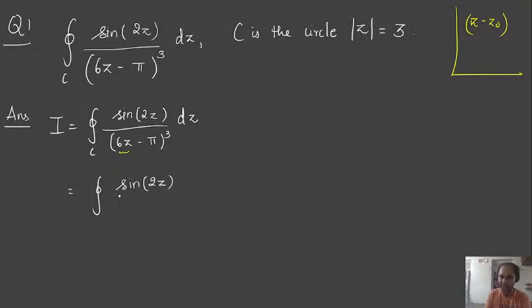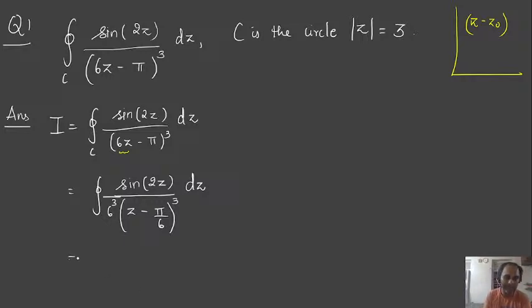There is no change there. In the denominator, when I take 6 common, since the cube is there, it will become 6 cubed in the denominator coming outside, and here I will get (z minus pi by 6) whole cubed dz. Okay, this is what I will get.